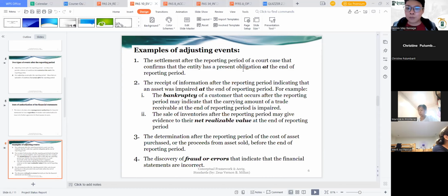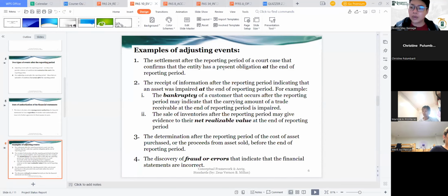Let's say for example, probable ang chances based on our legal analysis na matatalo tayo sa case. And hindi tayo sure kasi wala pang final verdict. There's no final decision with the case. Let's say, for example, again, the said final verdict or decision of the case came out January 5, 2023 already.